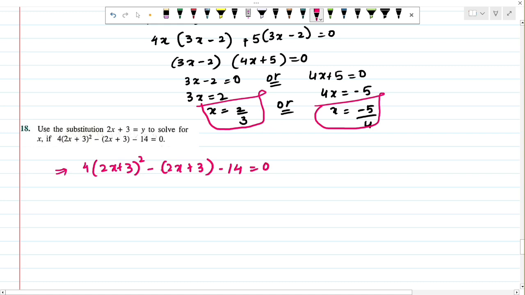So I'll put 2x plus 3. They have given 2x plus 3 is equal to y, so I'll substitute 2x plus 3 is equal to y.